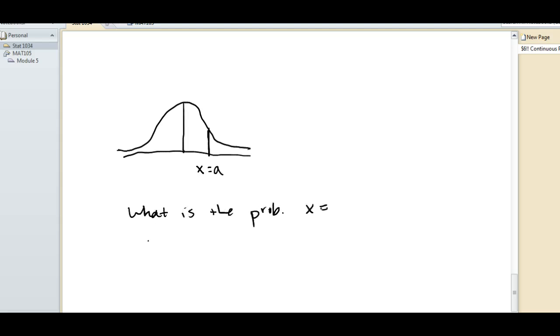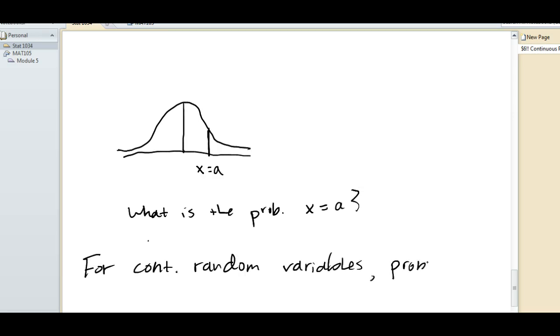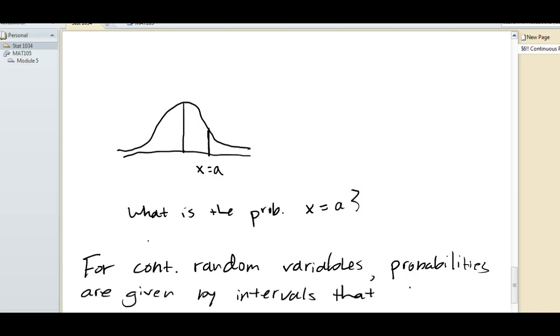That x equals a. Well, for continuous random variables, probabilities are given by intervals that correspond to areas on our distribution.